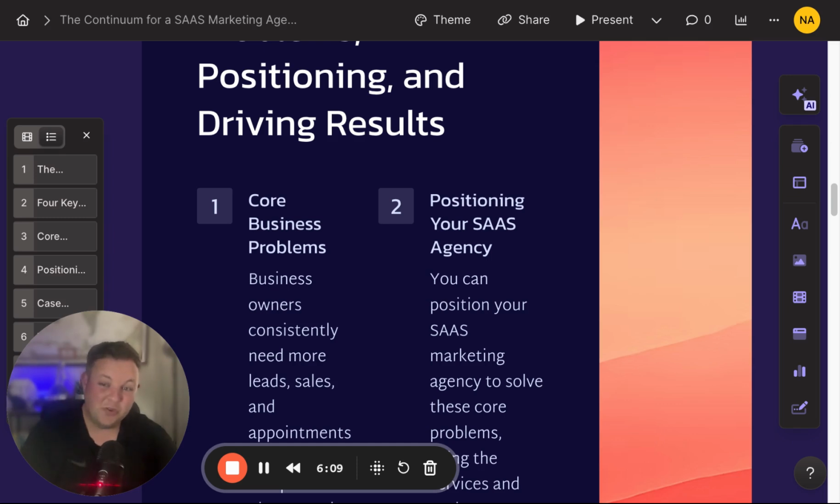Because a business owner doesn't automatically connect social media services or even database reactivation with, I need more leads. Even though yes, it would technically give them more leads, because we're marketing it as a tool, or CRM or whatever, they're not going to connect the dots together. That's not how it works.